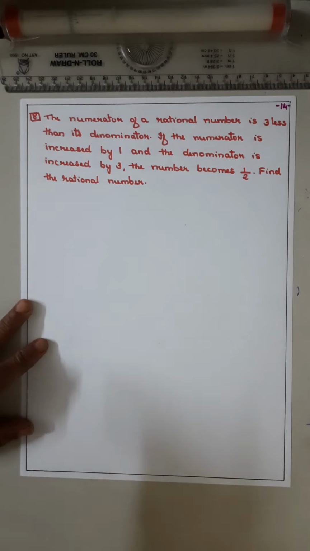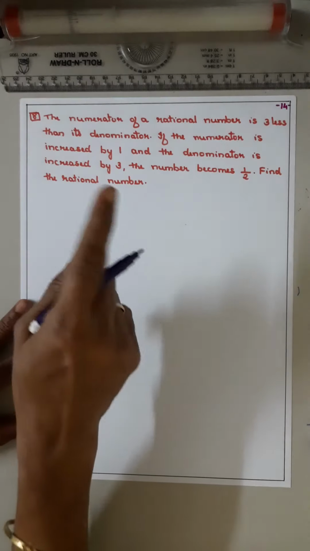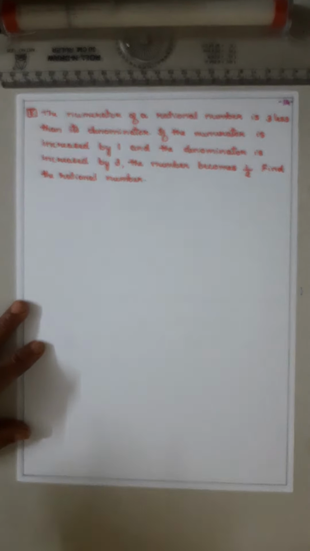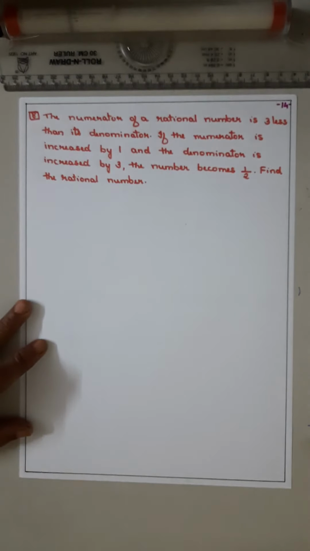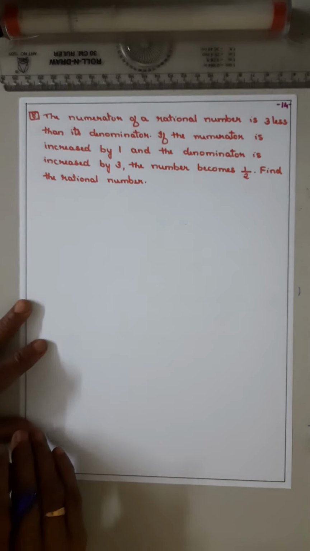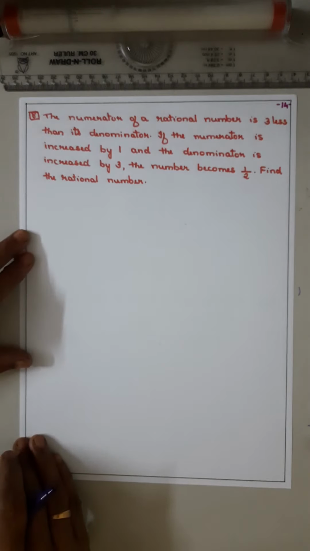The numerator will be x minus 3, 3 less than the denominator. Then if the numerator is increased by 1 and denominator is increased by 3, the number will be 1 by 2. Now find the original rational number.